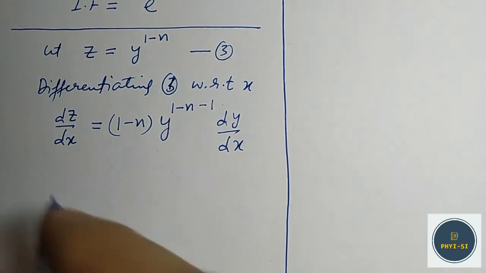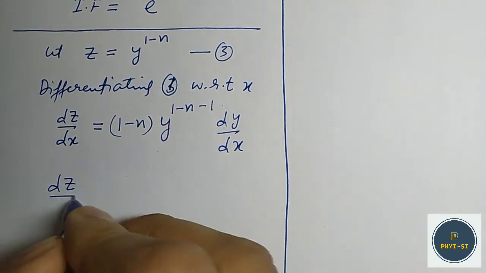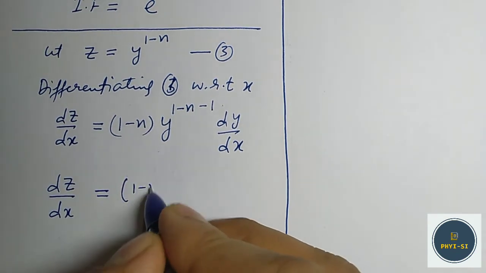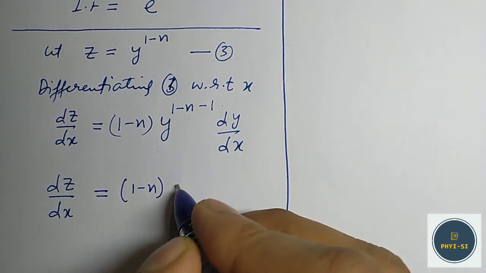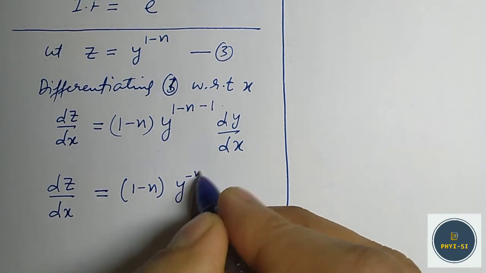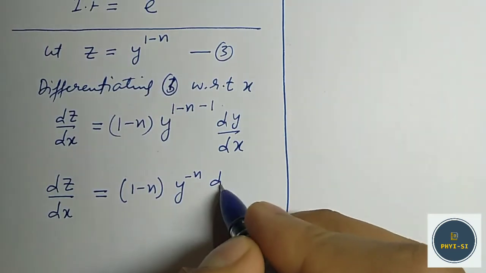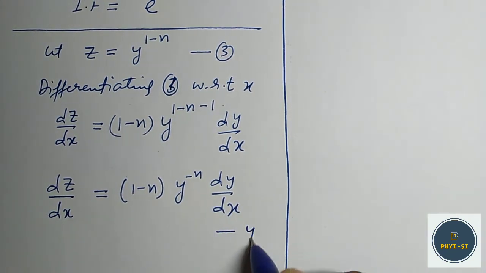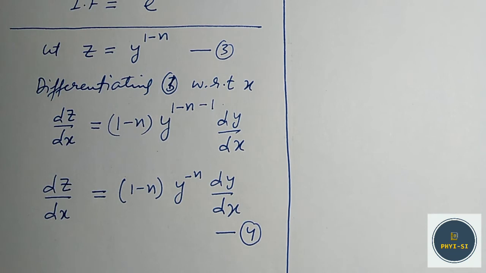So this will become dz by dx is equal to 1 minus n, then y raised to power minus n, because 1 and 1 can cancel out, and then dy by dx, and I name it equation number 4.